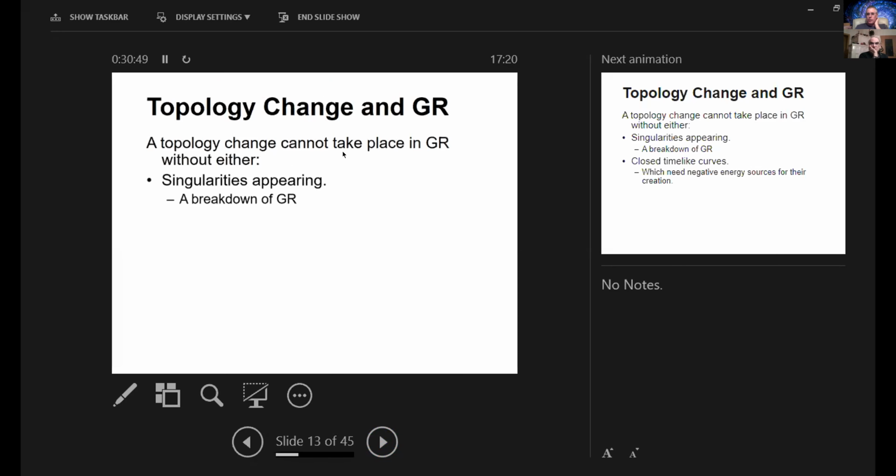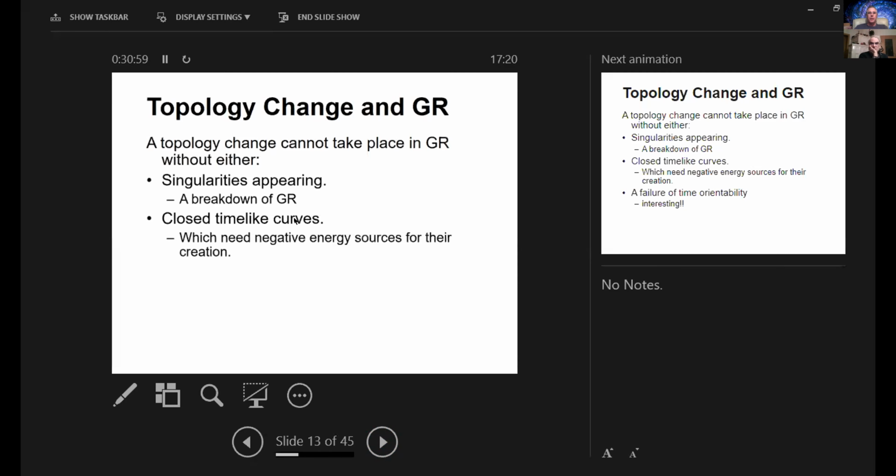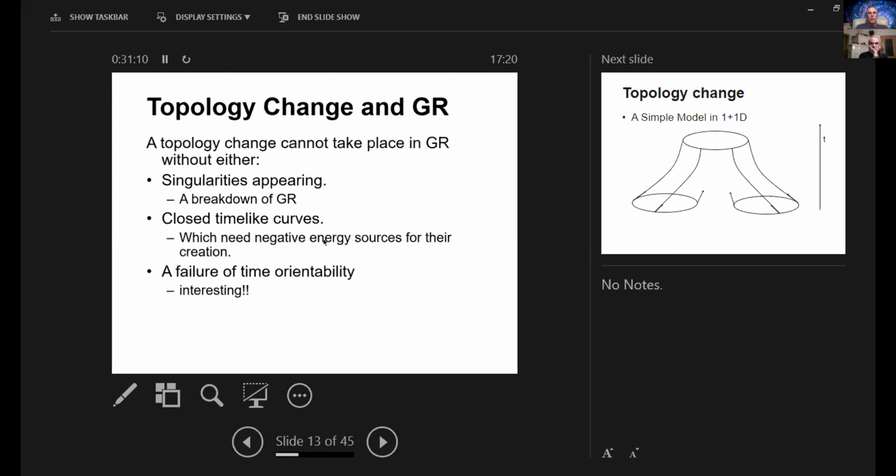Either singularities appear, which really is just another way of saying general relativity breaks down. You need closed time-like curves to start appearing somewhere, and that needs a negative energy source for their creation, which, well, you know, maybe there will be, maybe there won't be. But another one is a failure of time orientability, which is what I've latched on to, which I find most interesting.